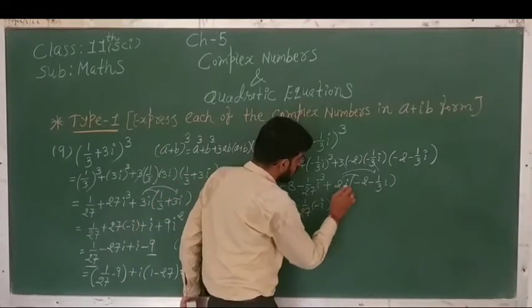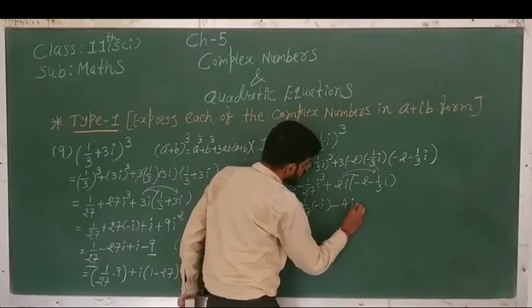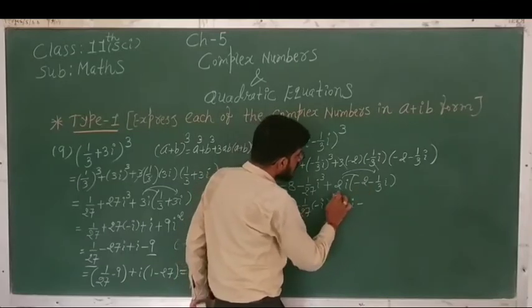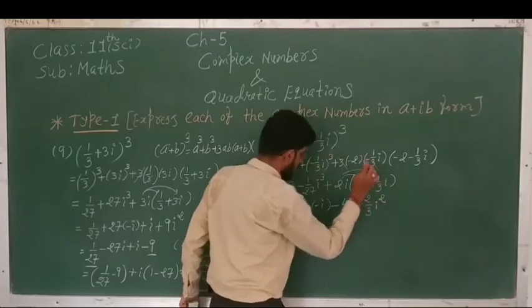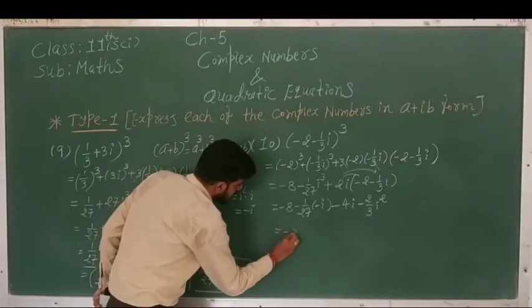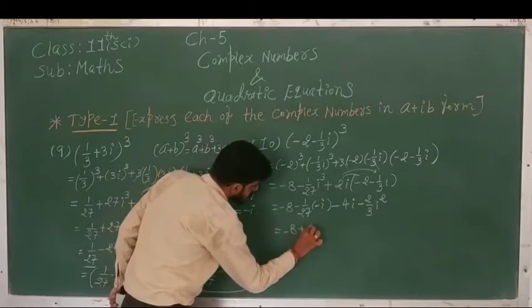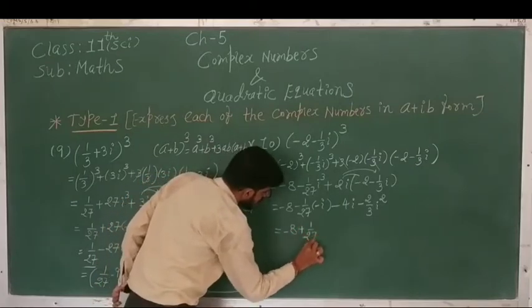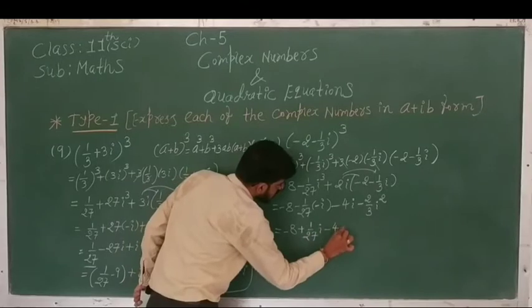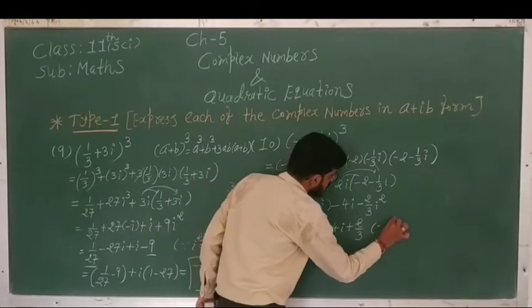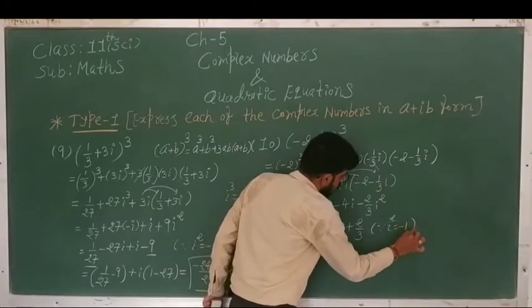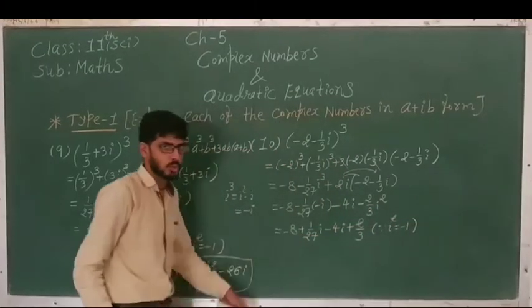Here 2 twos are 4, minus 4i minus 2 by 3 i square. Okay, so it gives minus 8 minus minus plus 1 by 27 i minus 4i plus 2 by 3, because the value of i square is minus 1, so minus minus plus 2 by 3.